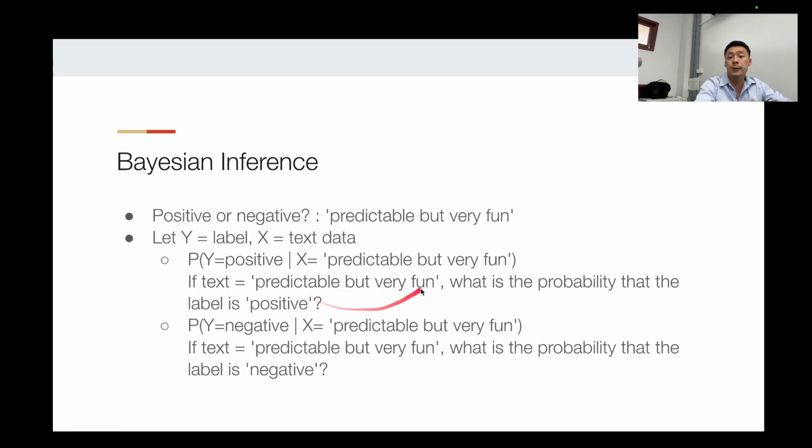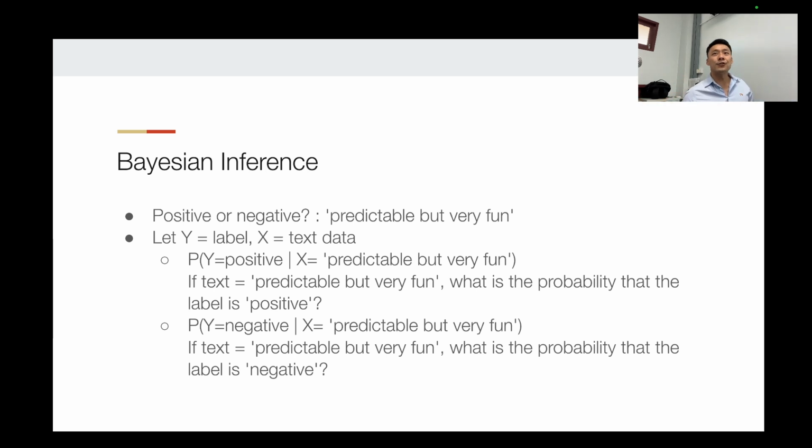So you want to train the model to answer this question. It would not give you just the label, it gives you a probability, which is great because then you know whether you are confident or not. If you observe the text and the probability is 50-50 between label positive and label negative, then you know that you're not very confident.